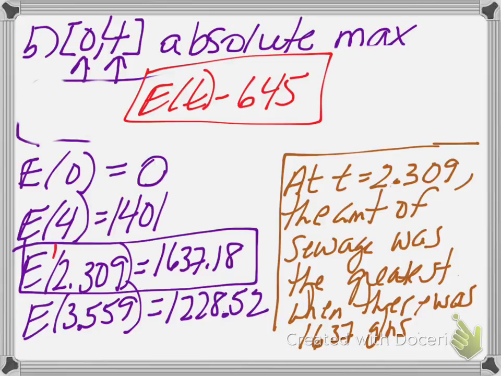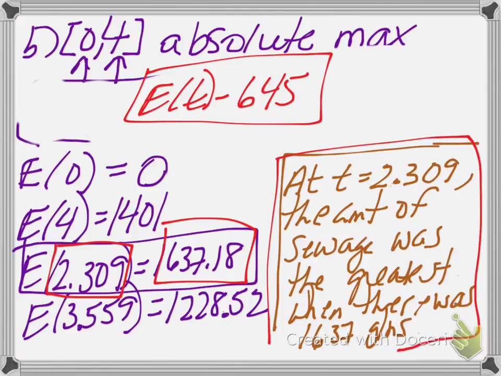If 2.309 is considered as a candidate, as a possibility, that's 1 point. If you got 1637, that was 1 point. And if you wrote a concluding statement, that was worth 1 point. Okay, that was part B.